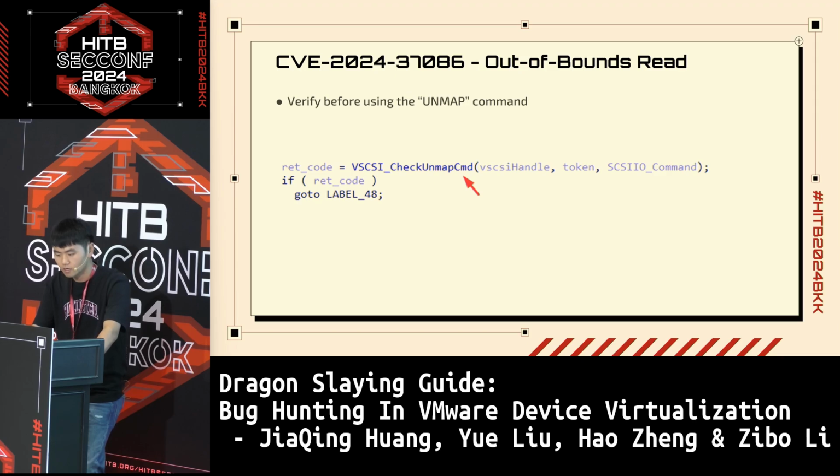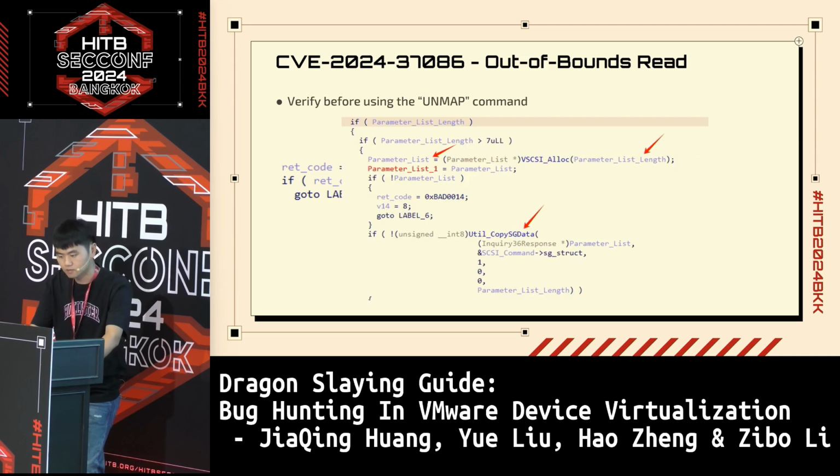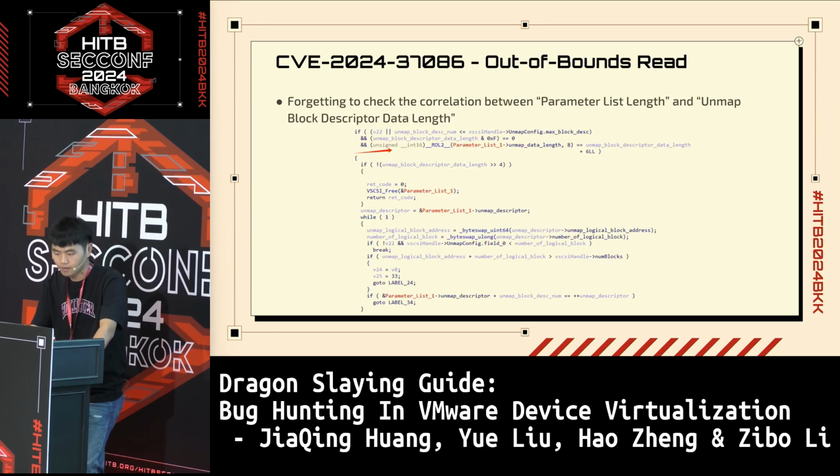Before actually running the unmap command, the ESXi check unmap command function will be entered first. In this function, a heap of the corresponding size is requested according to the parameter list length, and all the unmap data is copied to the heap. After the unmap data is copied, the content of the data will be checked.